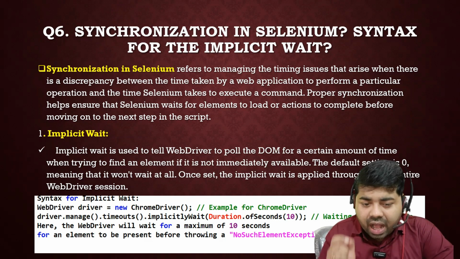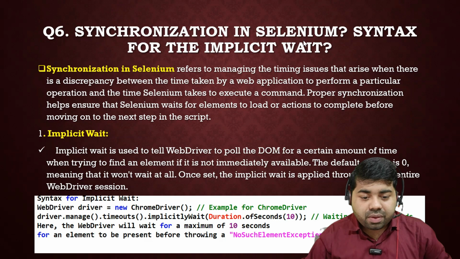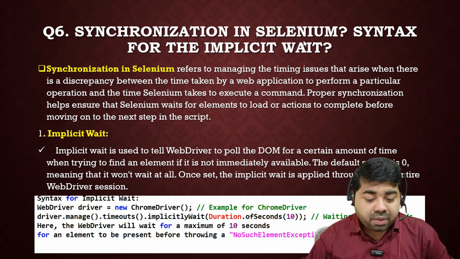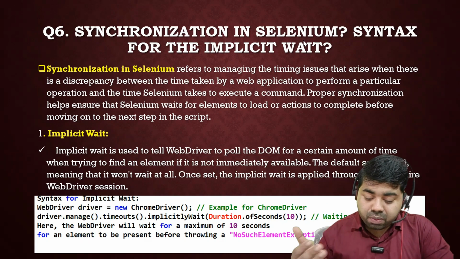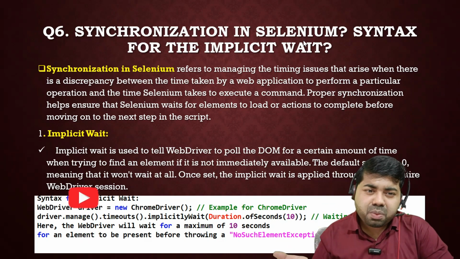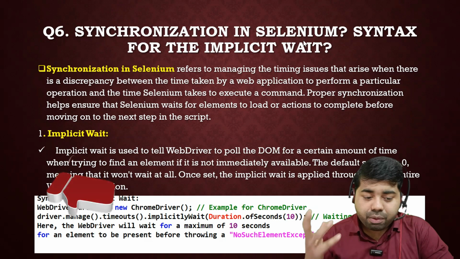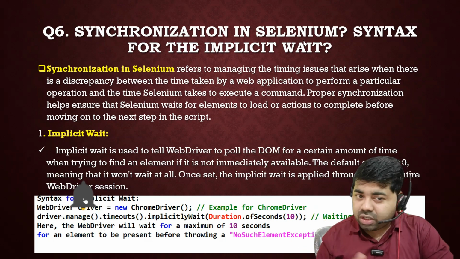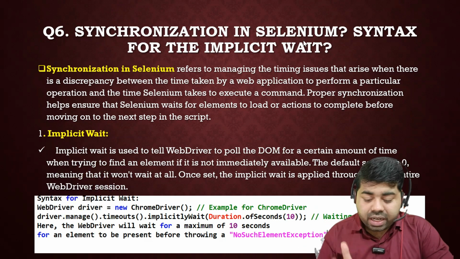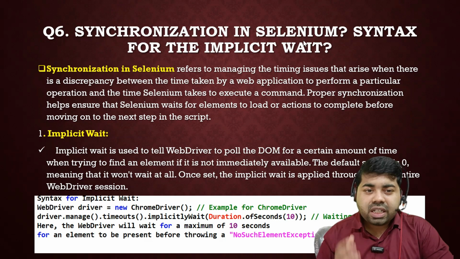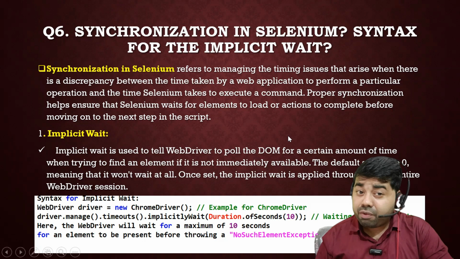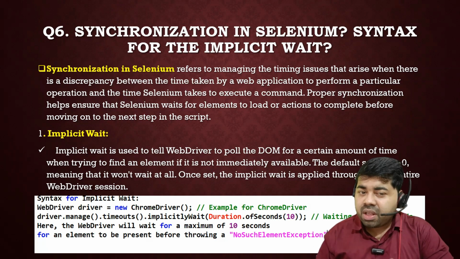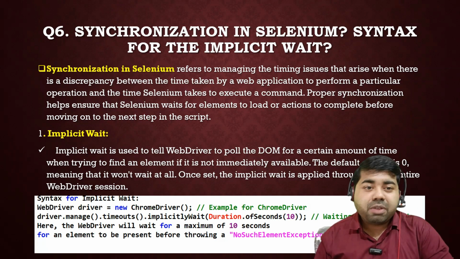But if you want to wait for a specific element, then we can go for the explicit wait, and we can provide the expected condition. If you go through my previous videos, we have already explained all these concepts as well. But what I can say is, synchronization is a most important topic, and they have asked it many times. We have a fluent wait as well. We can wait for the expected condition with frequency.